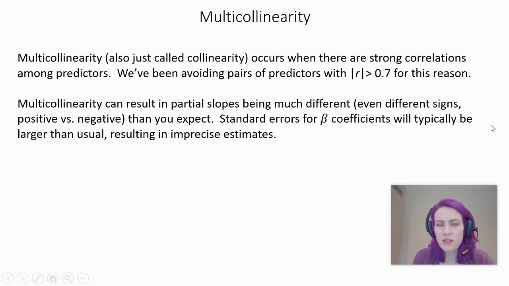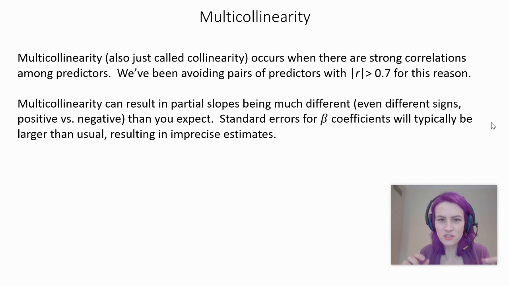The problem with multicollinearity is if you have predictors that are strongly correlated with one another, if you change one predictor's value, it's going to spill over into the other predictors that it's strongly correlated with. So it's like the butterfly effect.